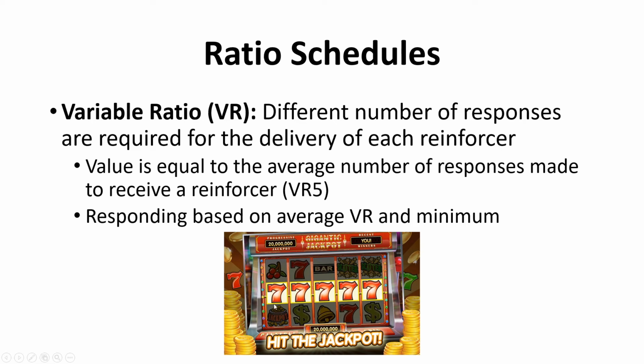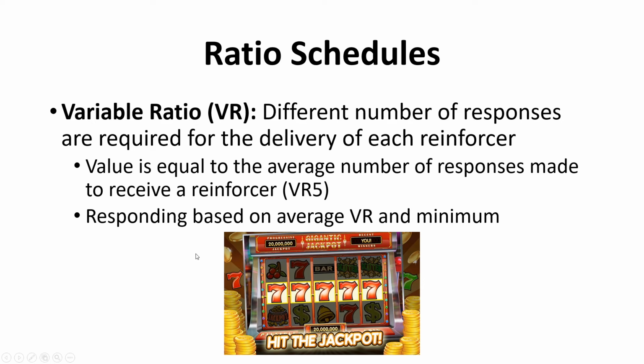So an example of this would be gambling. You never know when you're going to hit the jackpot, but maybe there's a built-in ratio or average number of pulls on the slot machine where you would win whatever's on the screen. So there's a background average present, but you don't know exactly when that reinforcer will arrive.